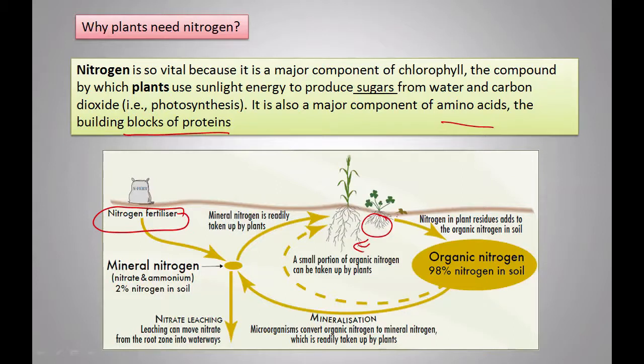Mineral nitrogen, that is nitrate and ammonia, is around 2% of the nitrogen in the soil. A small portion of the organic nitrogen is taken by the plant and the rest gets mixed in the soil. Through mineralization, microorganisms convert this nitrogen to mineral nitrogen, which is readily taken up by the plants, and some of it leaches from the root zone into the waterways.